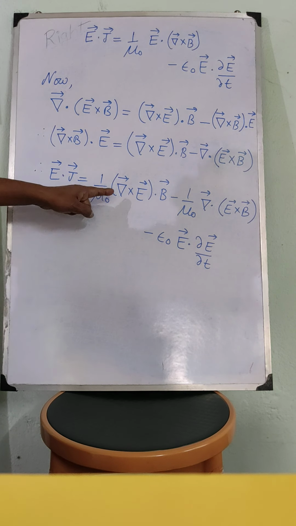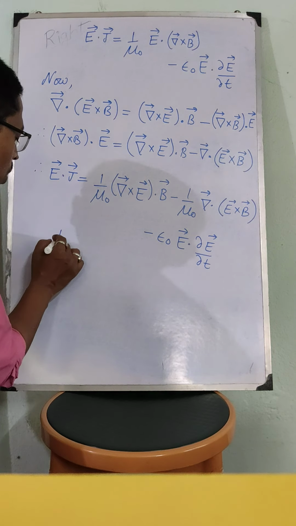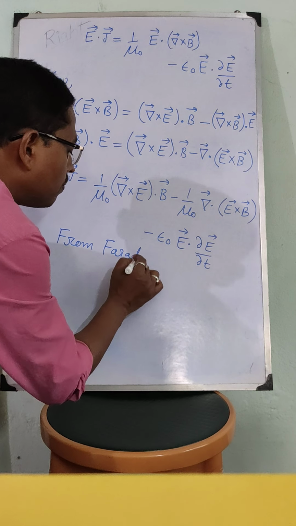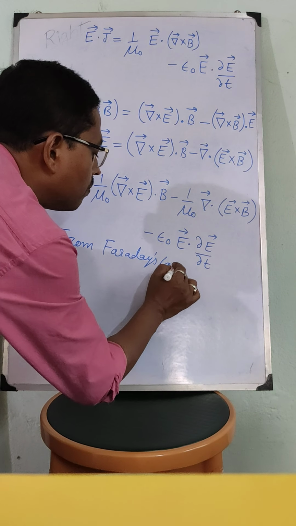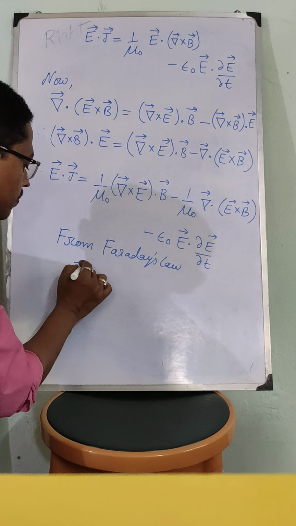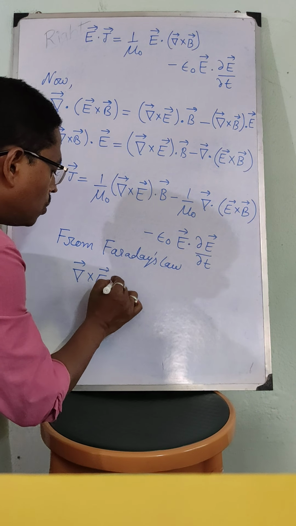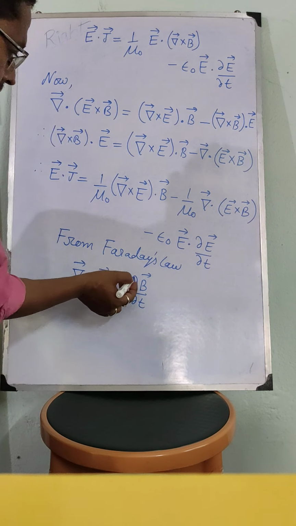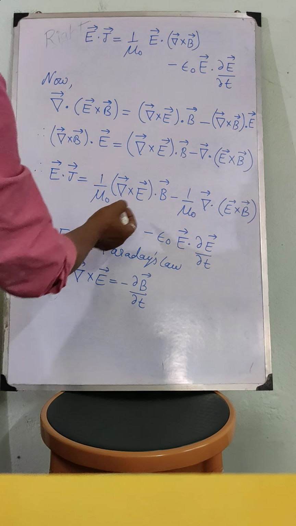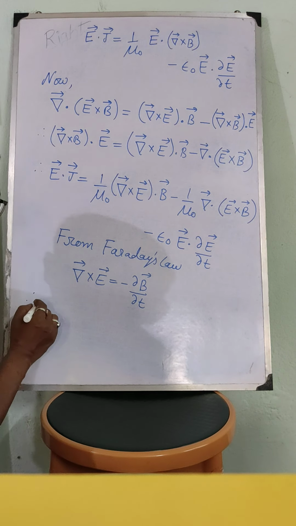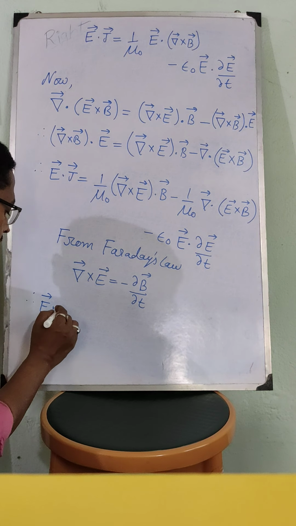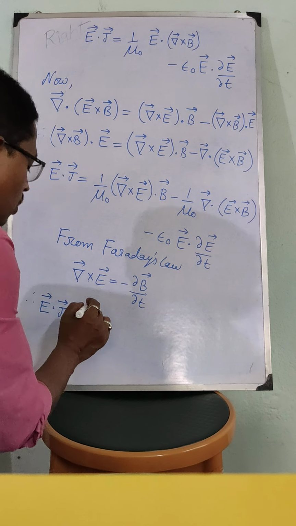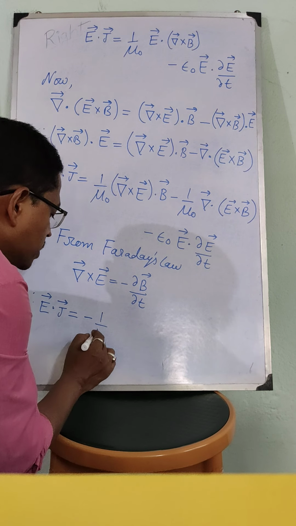Now see, if I use Faraday's law, from Faraday's law, del cross E is equal to minus del B del T. So if we put this expression in place of del cross E, then I will have, so therefore E dot J is equal to minus 1 by mu 0.